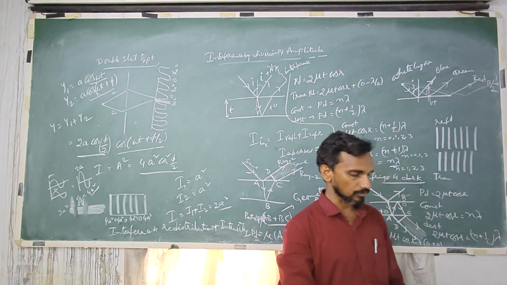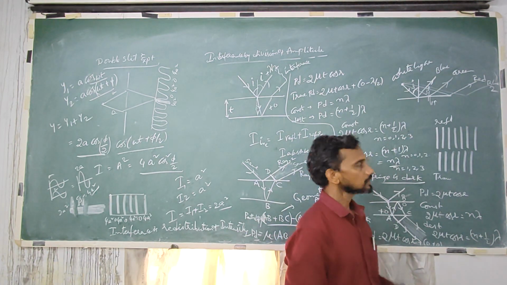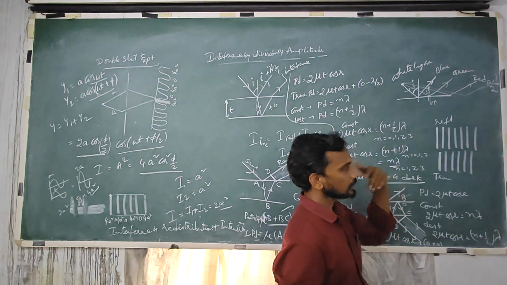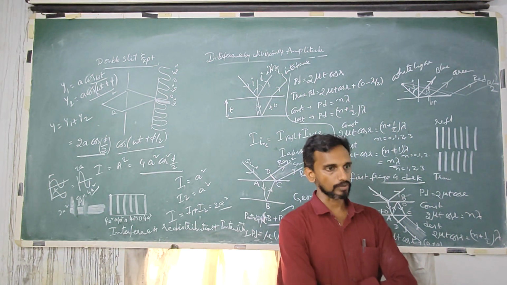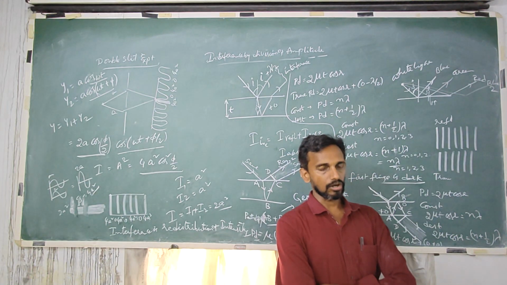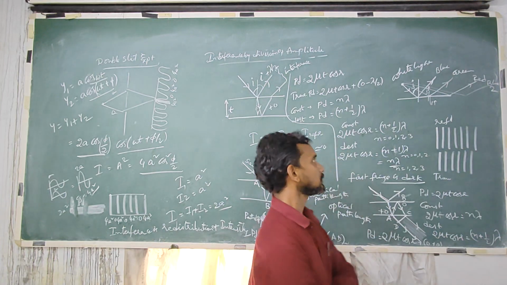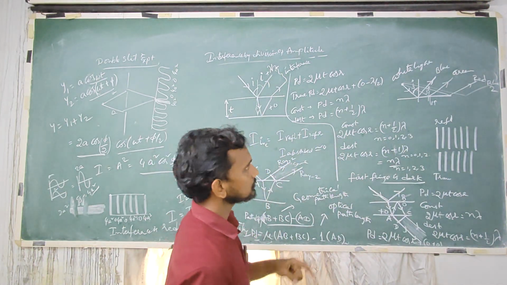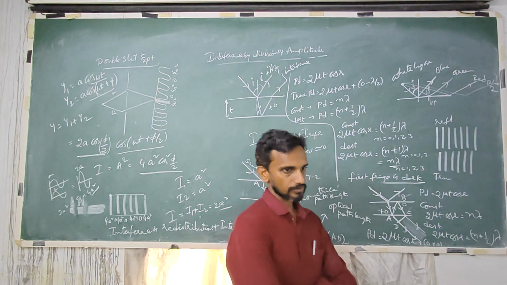So once one set is over, you may get the condition for second set for n is equal to 2. So like that you'll get different colors on thin films. So that is what we see on soap bubbles, oil films and water. So all these colors on thin films are because of this white light interference on thin films.